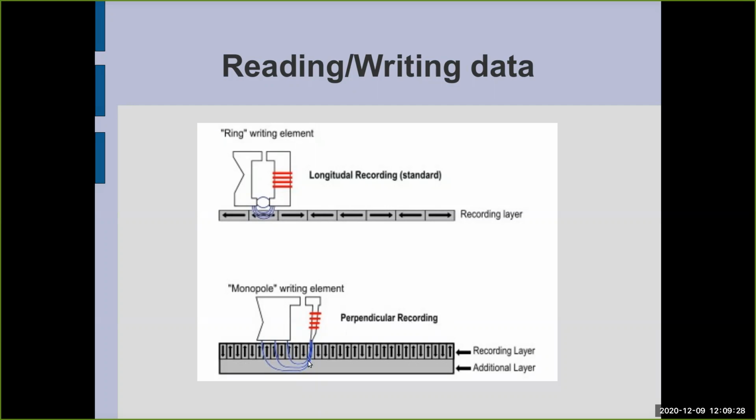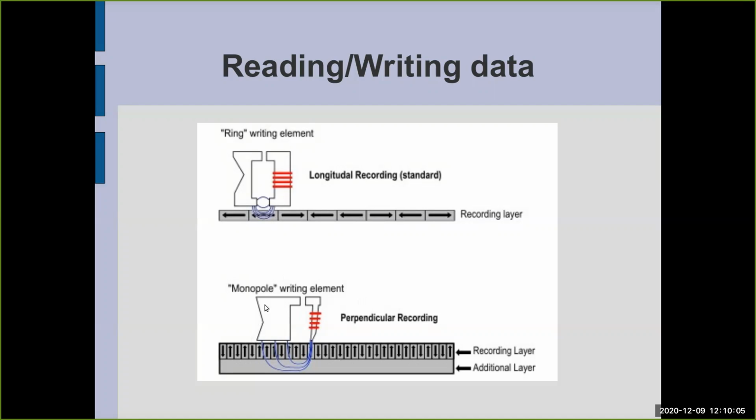Of course, we can increase domain density, because in a certain area we are able to fit more bits. But the problem is that the reading head is larger than the size of the domain. Here, the size of the head is enough to affect only a single domain. Here, not.